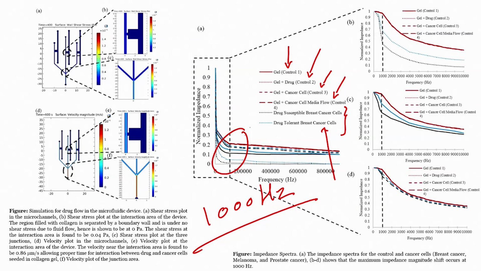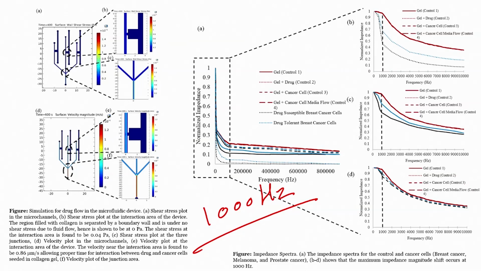So, if you magnify this, we can clearly see here that there is a difference between all here 4 controls, right, these are 4 controls. So, cancer cell plus media flow you can see here, then you have gel control 4 here, control 1, control 2, control 3, and then we again have gel 1, control 3, control 4, right.